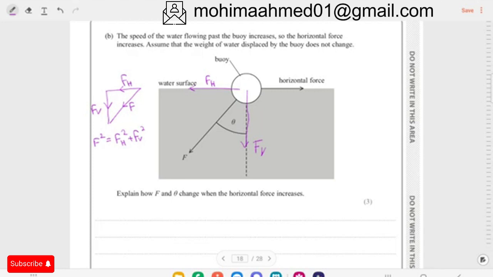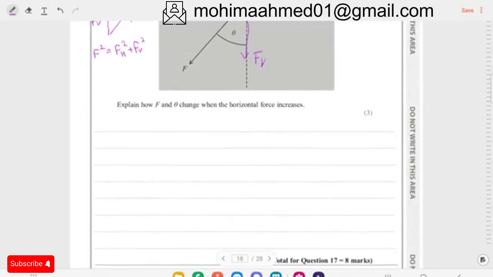And now if you have to find the value for theta, that is basically vertical over horizontal, right? In that case, if horizontal increases, the value for vertical is also supposed to increase because they are also directly proportional, right? So I'll just write it very quickly.